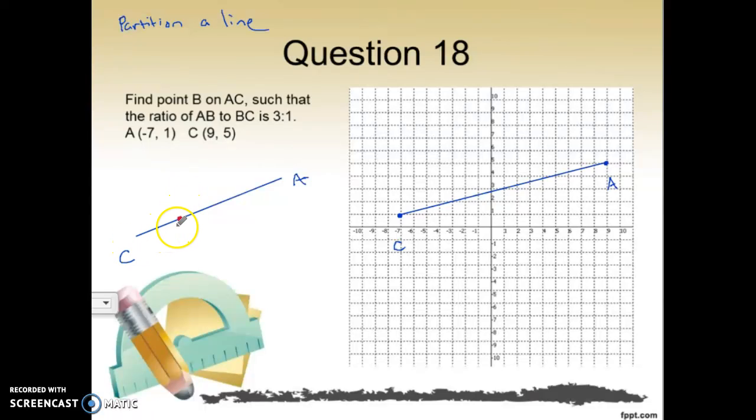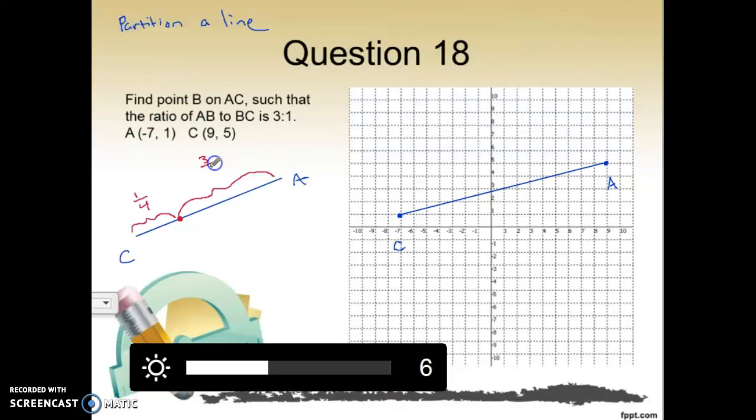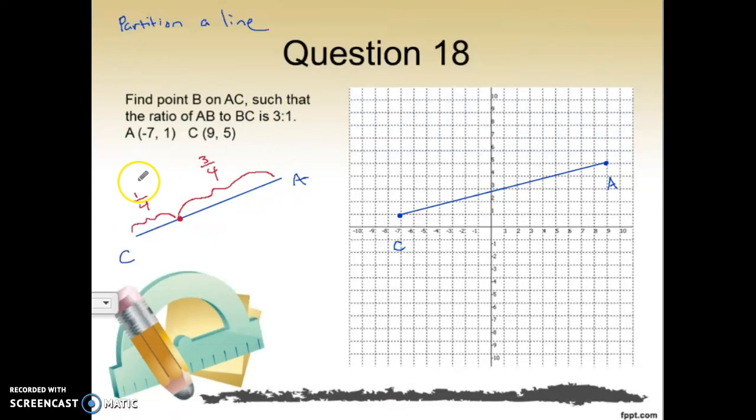about a fourth of the way from C. All right, so this is going to be 1/4 of my line. And this is going to be 3/4 of my line. Now wait a minute, Ms. Long, this says that it's divided 3 to 1. Yeah, C to B is 1 part, and B to A is 3 parts.